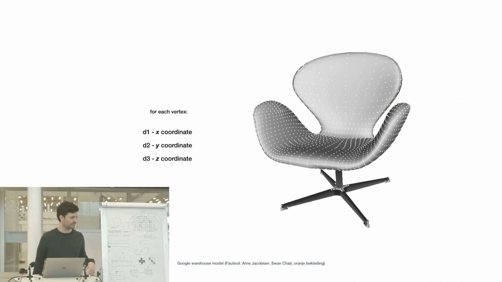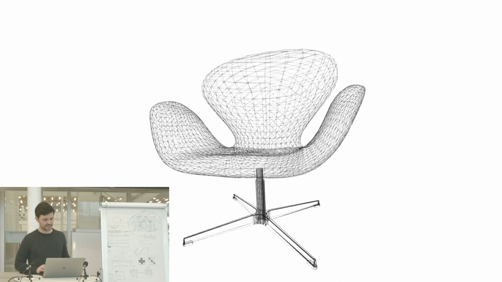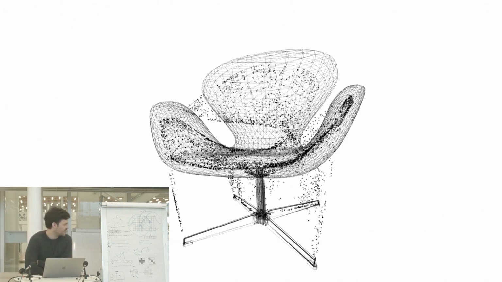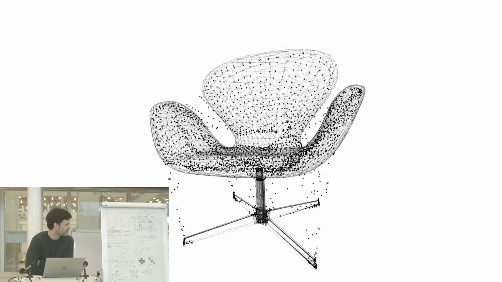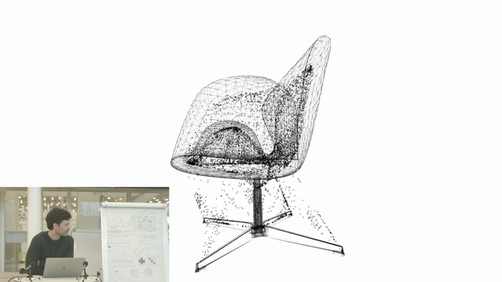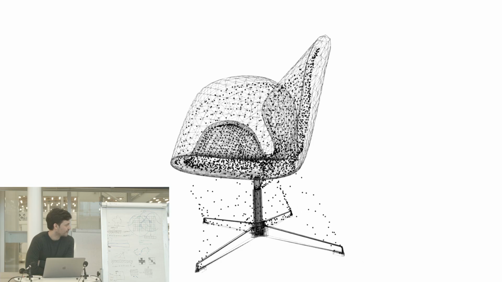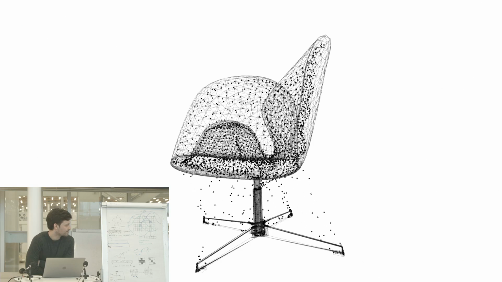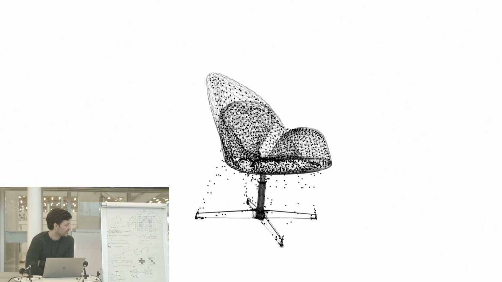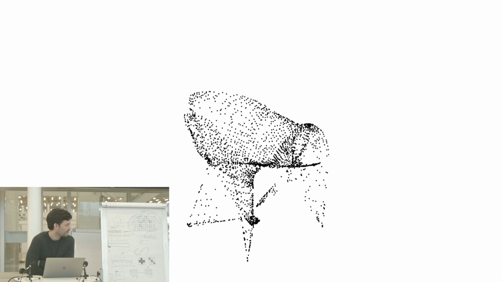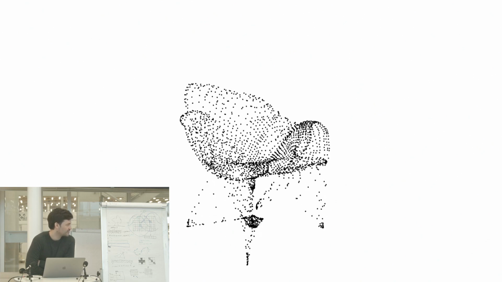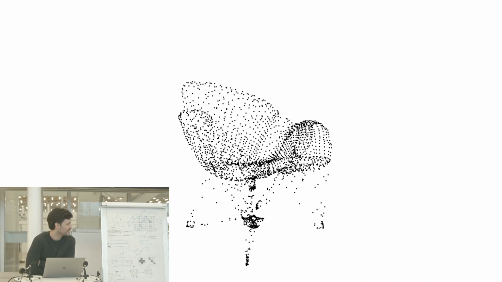I didn't even bother with faces, just took the X, Y, Z coordinates of the vertices. And I trained my computational concept of this chair. As you can see, this is what we get. So this is the concept of this chair in terms of data.